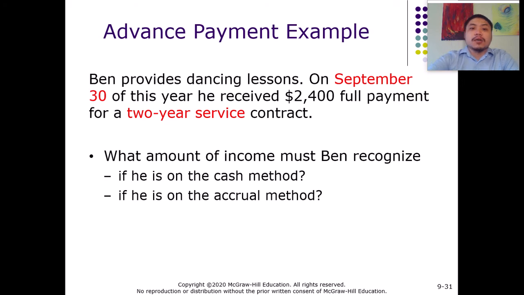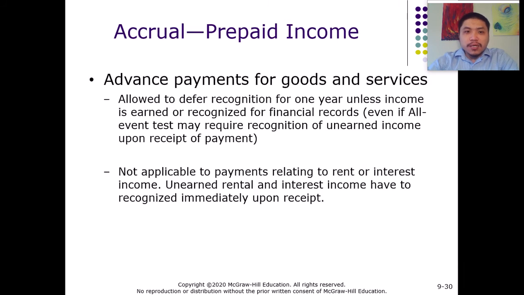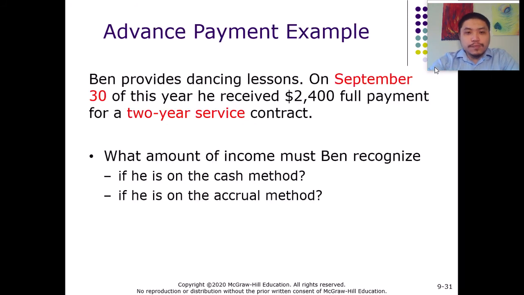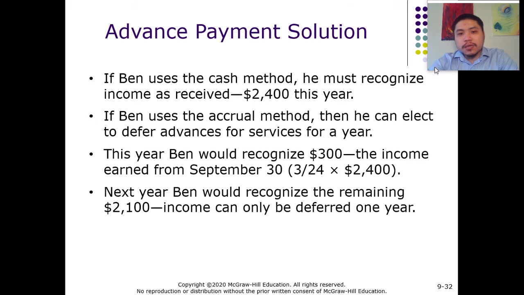Even though the contract is for 2 years, for tax purposes he's only allowed to defer the recognition of income for 1 year. So that's why for the rest, the $2,100, he has to recognize next year, even though the contract spans 2 years. So here's the answer.